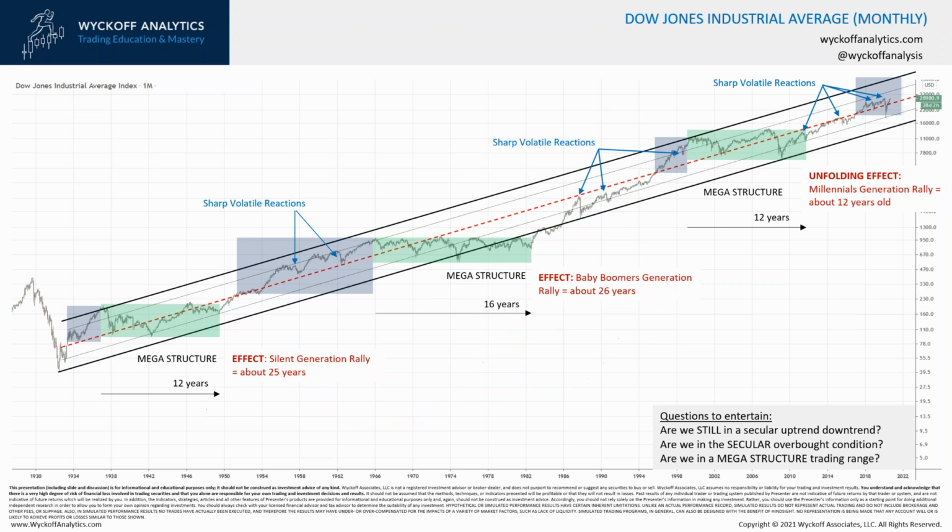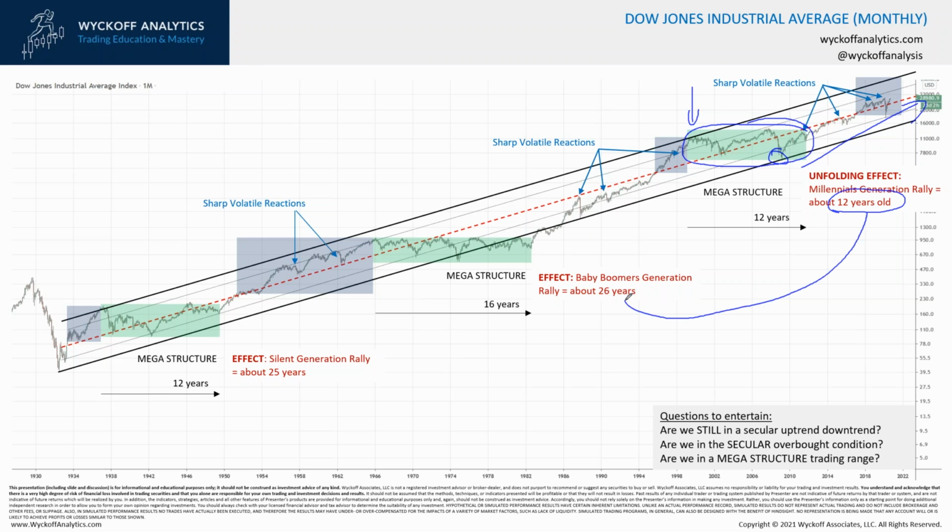So this pattern is still on, as we have had just most recently in the last 20 years, another mega structure, another trading range that started with the boom and bust in 2000, and Bruce is going to talk about this in relationship to the IPO market. And then off the low in 2009, currently we are in this millennial generation rally that is aging at about 12 years right now.